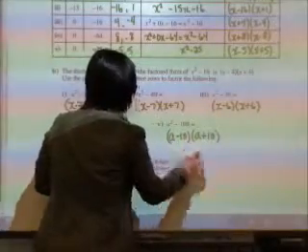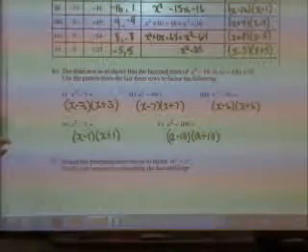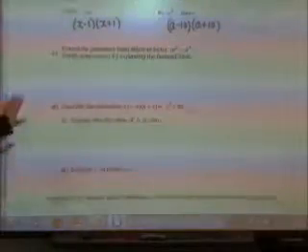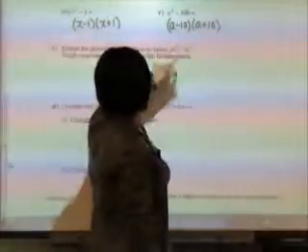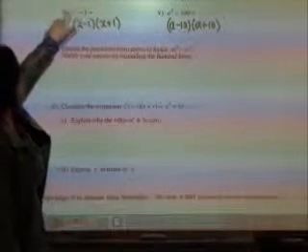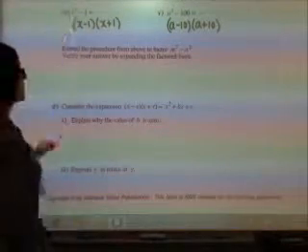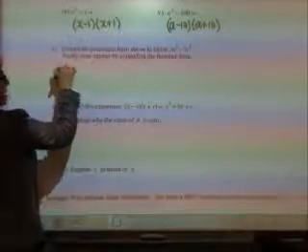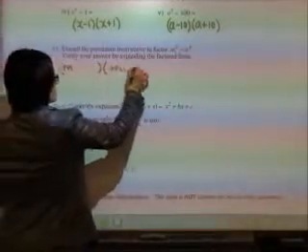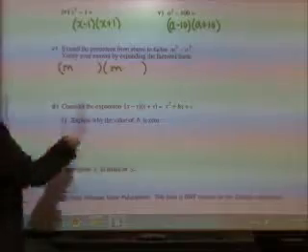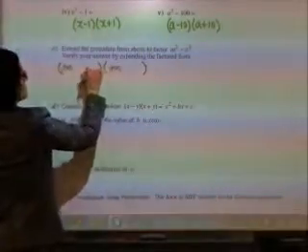Positive 10a, negative 10a. So if I factor algebraically this m squared minus n squared, what did we do? Well, we took the square root of the first number. Square root of m squared is m. Then we took the square root of the last number, n.